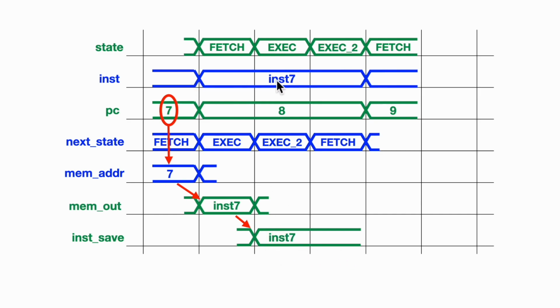So throughout the execution of this instruction, we have this 8-bit signal being the opcode of the instruction that's being executed. And we also see the program counter, and so for many instructions the program counter will just stay constant throughout the entire instruction.